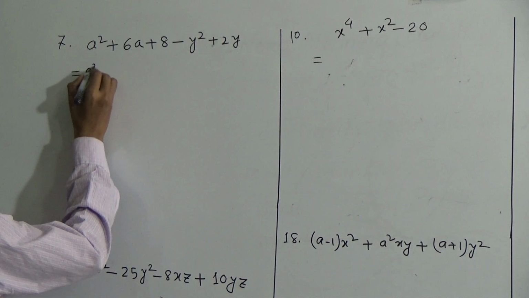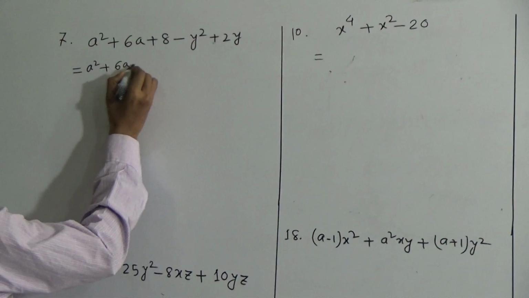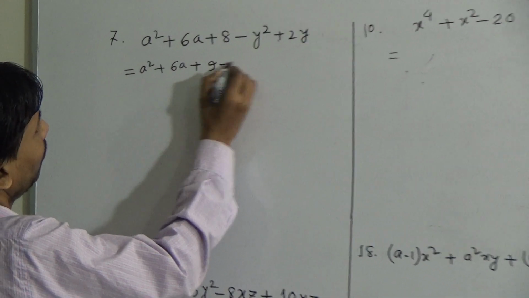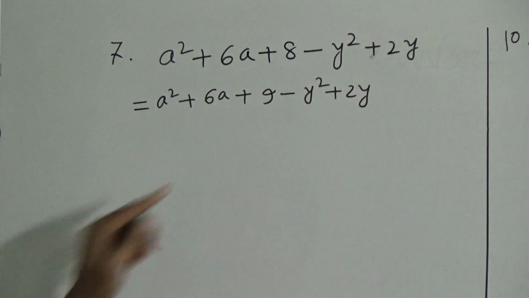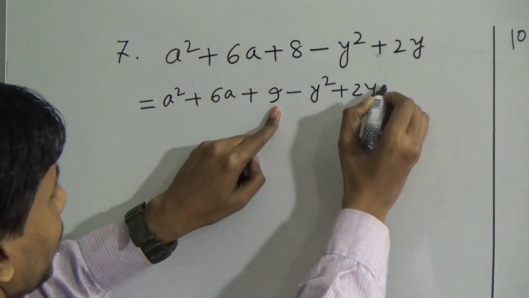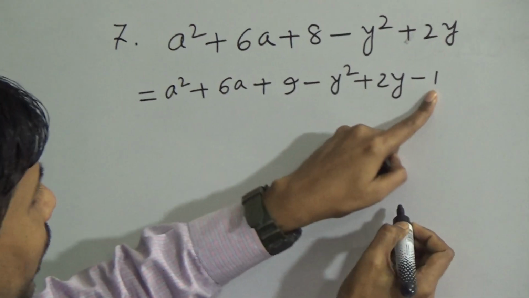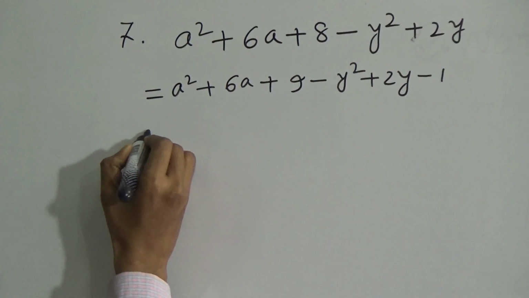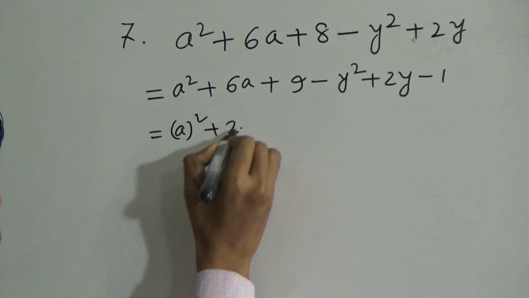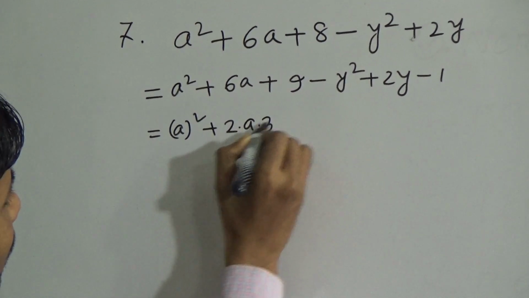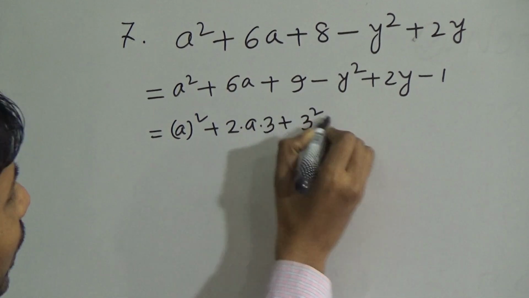a square plus 6a plus 9 minus y square plus 2y. Look, I have written here 9. Then 9 minus 1 equals what? 9 minus 1 equals 8. Now, a square plus 2ab, 3 square.